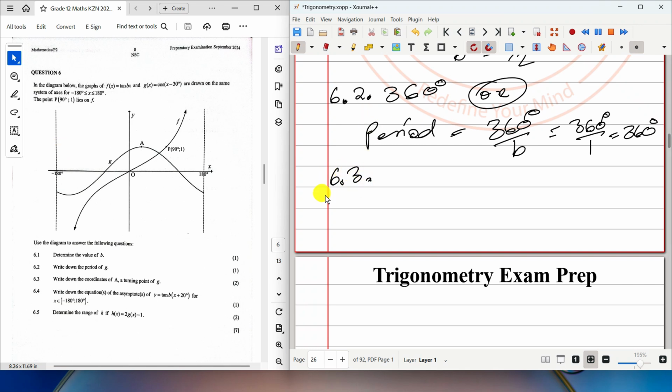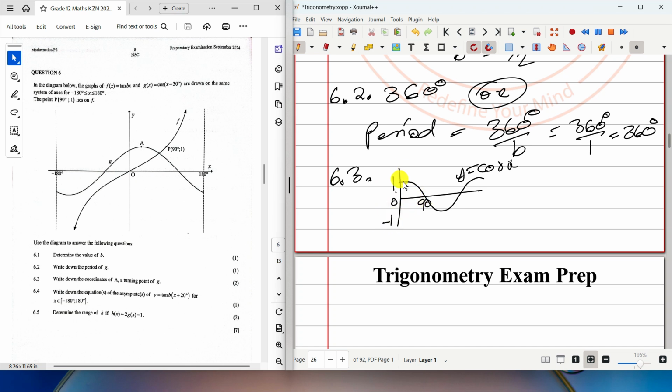Now, 6.3. Write down the coordinates of A, the turning point of g. So with your normal cosine graph, y is equal to cos x, this is your 1 at 0 degrees, and this is your -1, and this is your 90.